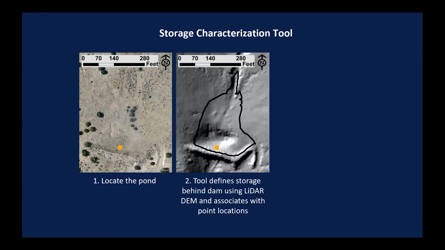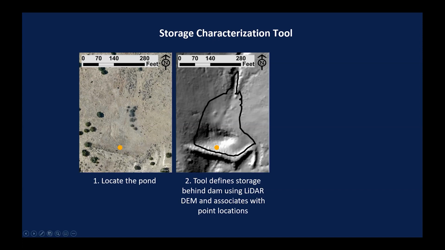Using the DEM, in this case essentially a LiDAR DEM that we actually had, we could identify the storage behind this pond. Basically, it would be the depth, the area that would be submerged before water started running out through this emergency spillway over on the right-hand side.